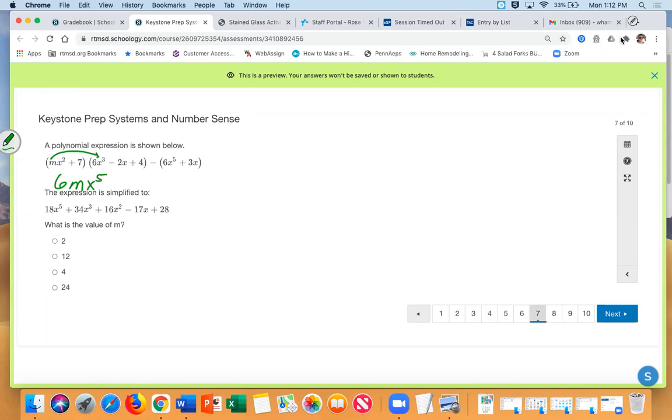And notice there's no other x to the 5th that I could get. How do I know that? Because when I multiply x squared times x to the 3rd, that's x to the 5th. No other exponents can give me a 5. So I also have this piece right there. So I'm asking you really to solve this equation.